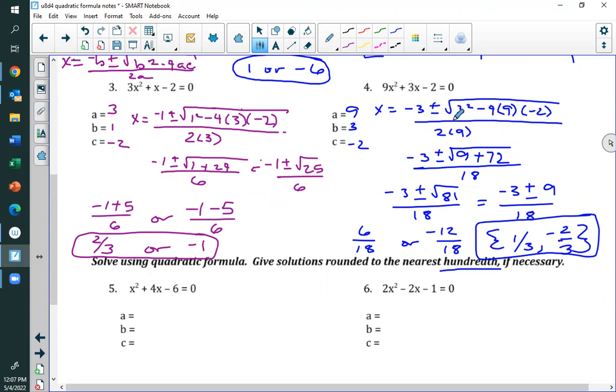I think I have the eraser. Let's see. I do have scissors. I say 4 because 9 is a solution.